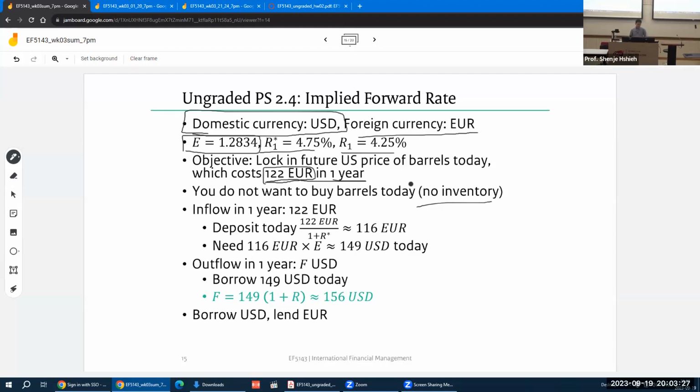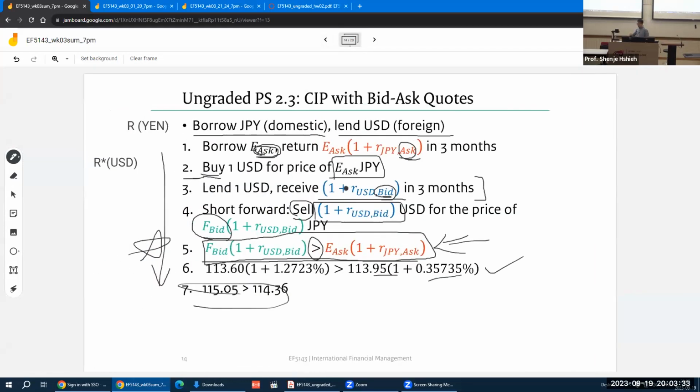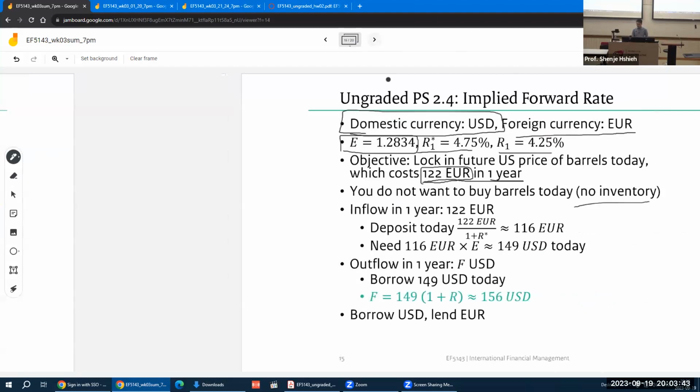So the idea here is just to go backwards from this setup. Okay, so instead of going from borrowing and then going down to checking if there's an arbitrage, we're going to go from here back to the top based on what we need.